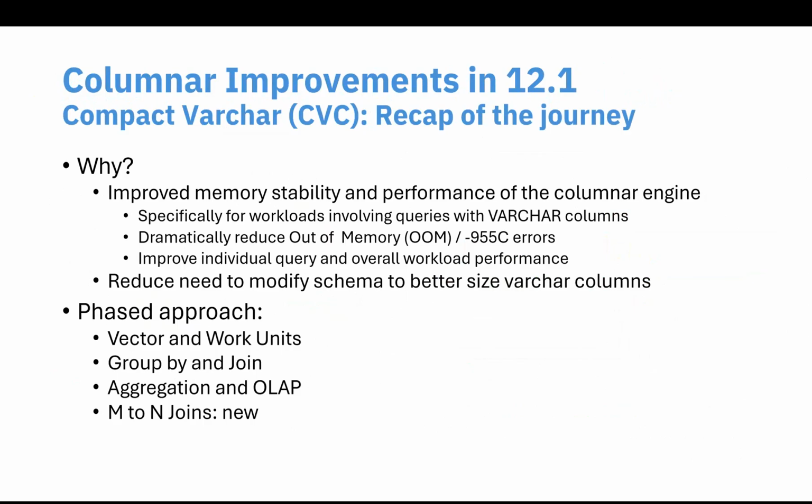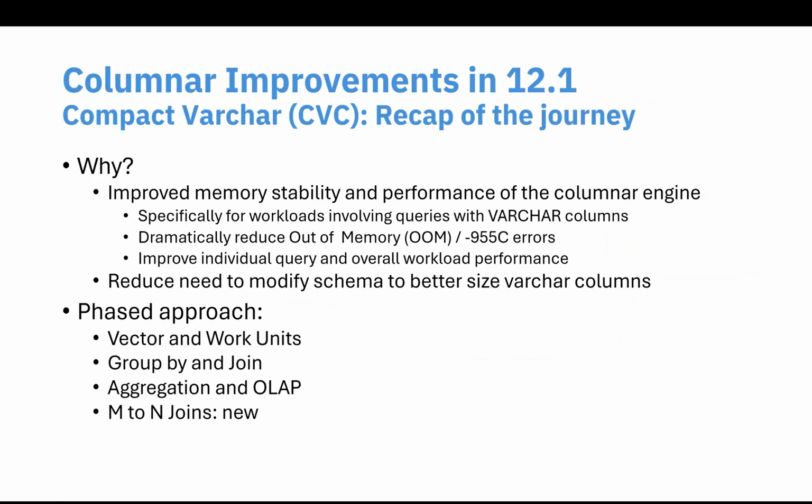So compact varchar. When we originally designed Db2 Warehouse, varchars on disk were, as you would expect, the length and data. But when we brought them into memory for different reasons, we may have expanded out the amount of memory footprint a varchar took. Sometimes we use column definitions to try and size the memory we required.